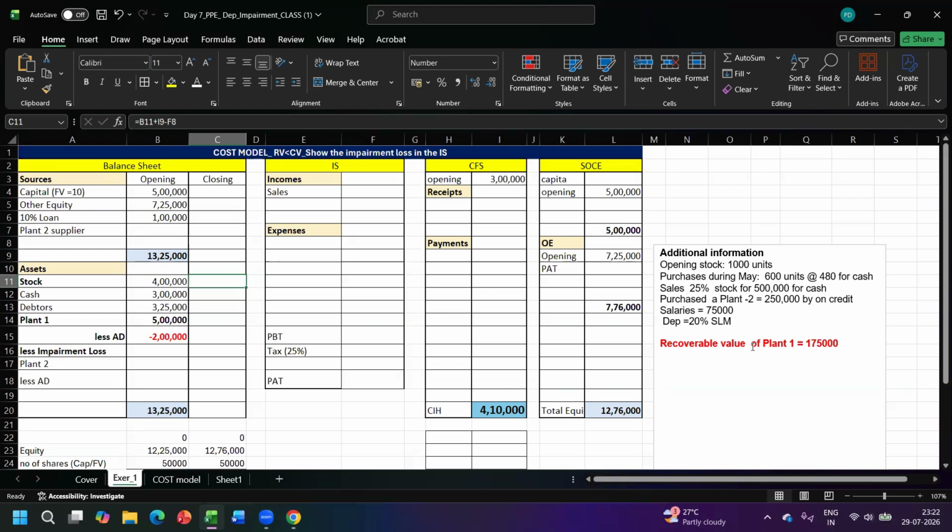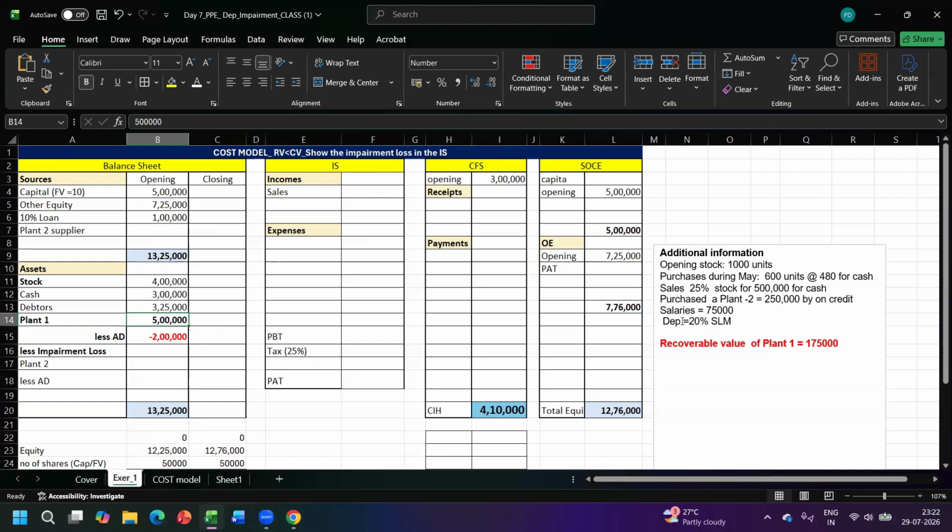The focus is not to explain and get into the details of these three standards, but apply those standards in this context. So this is an ongoing business. So there is an opening balance sheet, and the plant is already there, plant one.